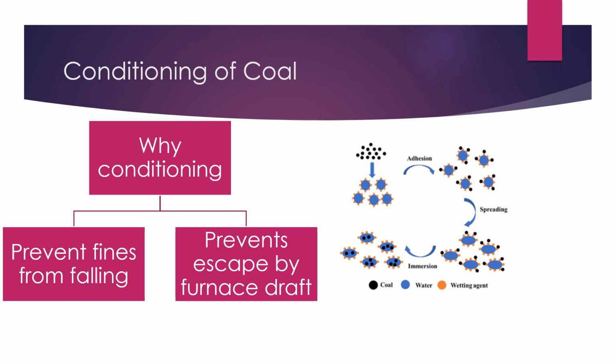So when coal particles are converted into bigger coal particles by conditioning of coal, these are not easily carried away by furnace draft. Addition of excess moisture to the coal should be avoided while conditioning of coal. Moisture should be added uniformly to coal. This is done by adding moisture with the help of a falling stream of coal.